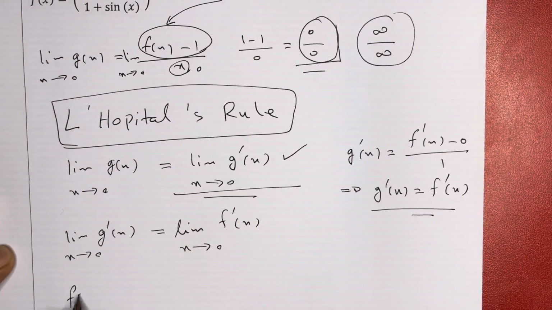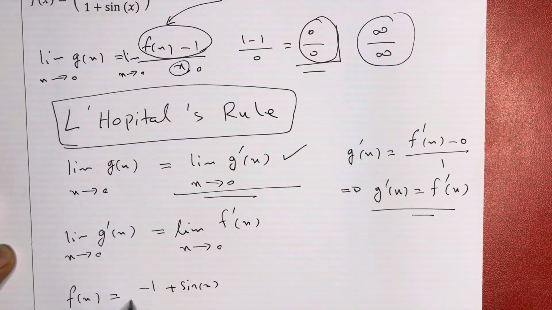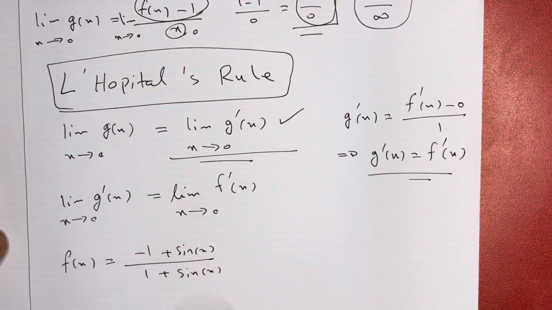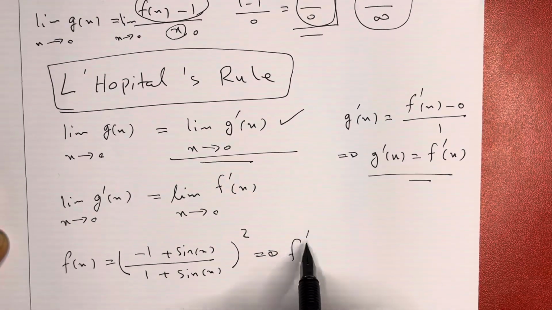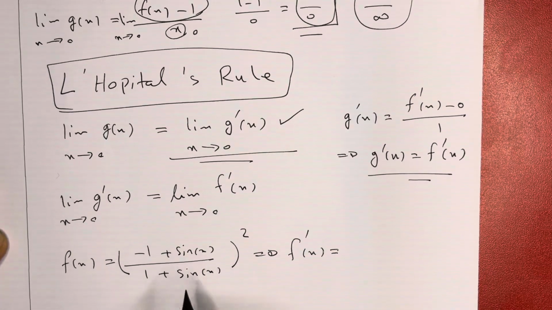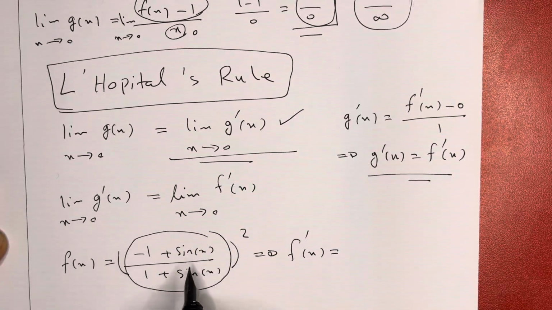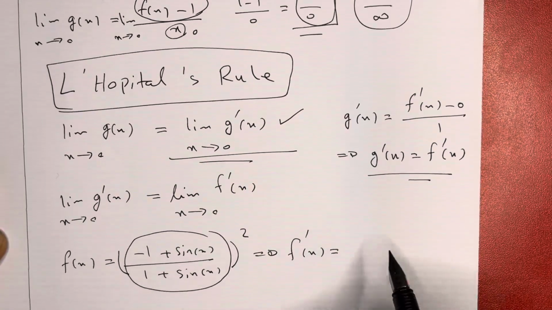So we know that f of x is ((minus 1 plus sine x) divided by (1 plus sine x)) squared. What is the derivative of this, f prime x? First, take the derivative of anything inside the parentheses: derivative of numerator times denominator minus derivative of denominator times numerator, divided by denominator squared. So let's do that.